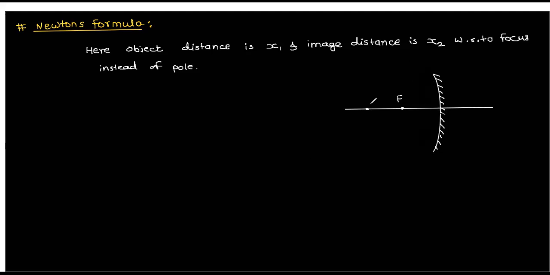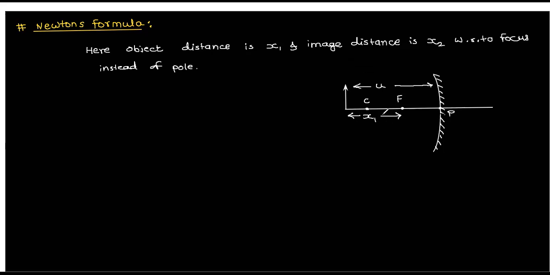This is the focus, this is the center of curvature, and here is the pole. Suppose now the object is here somewhere, beyond the center of curvature. Generally, how do we measure the distance? This will be your u, yes or not? But in this Newton's formula, you should measure all distances from the focus. That's why this is x1.